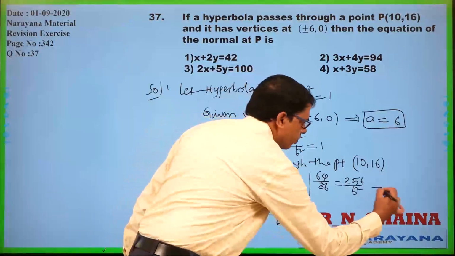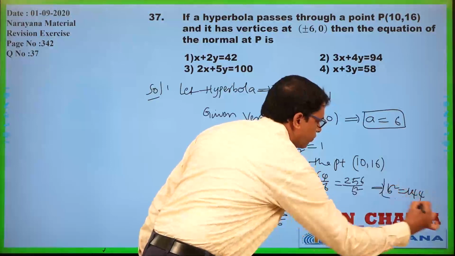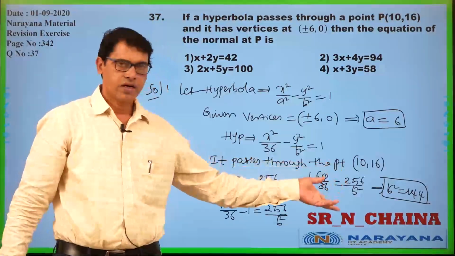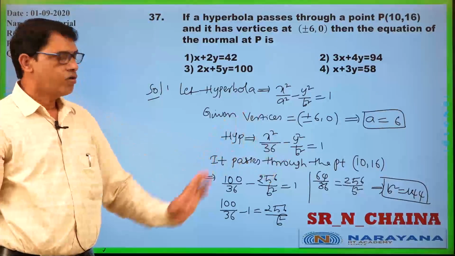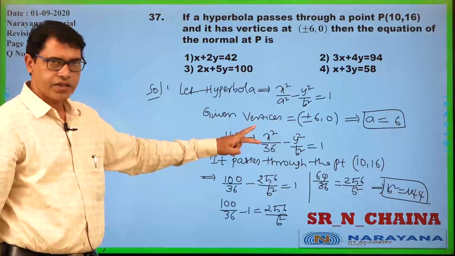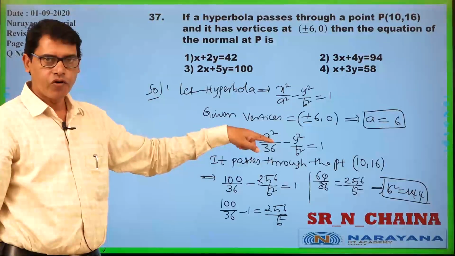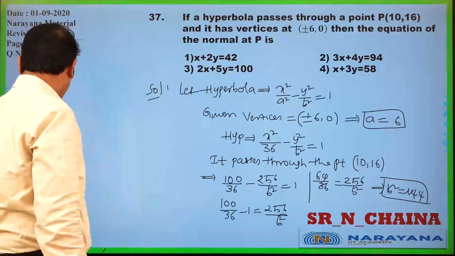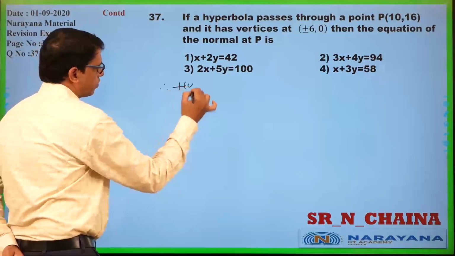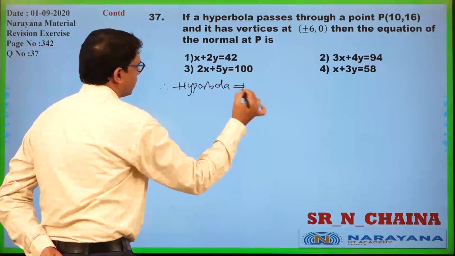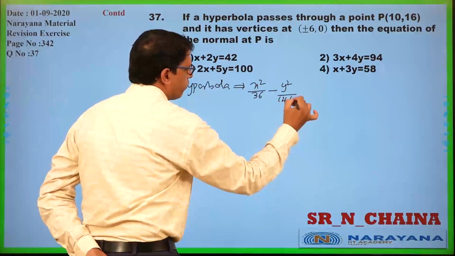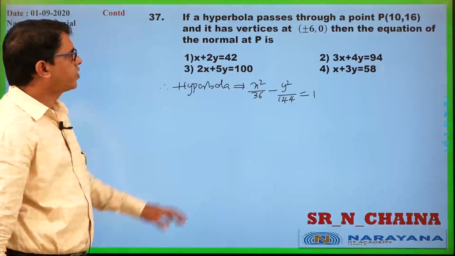So the equation of the hyperbola is x square upon 36 minus y square upon 144 equals 1.